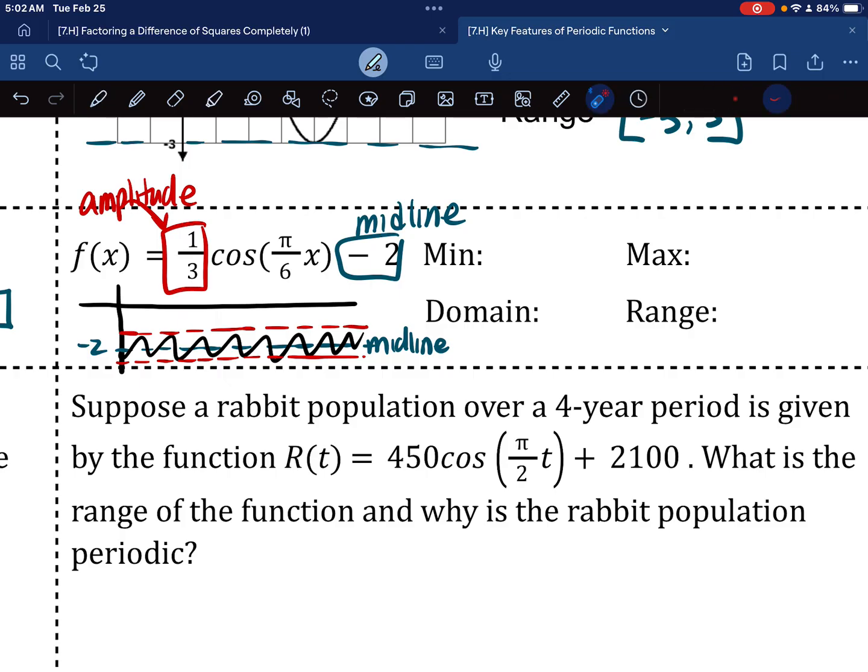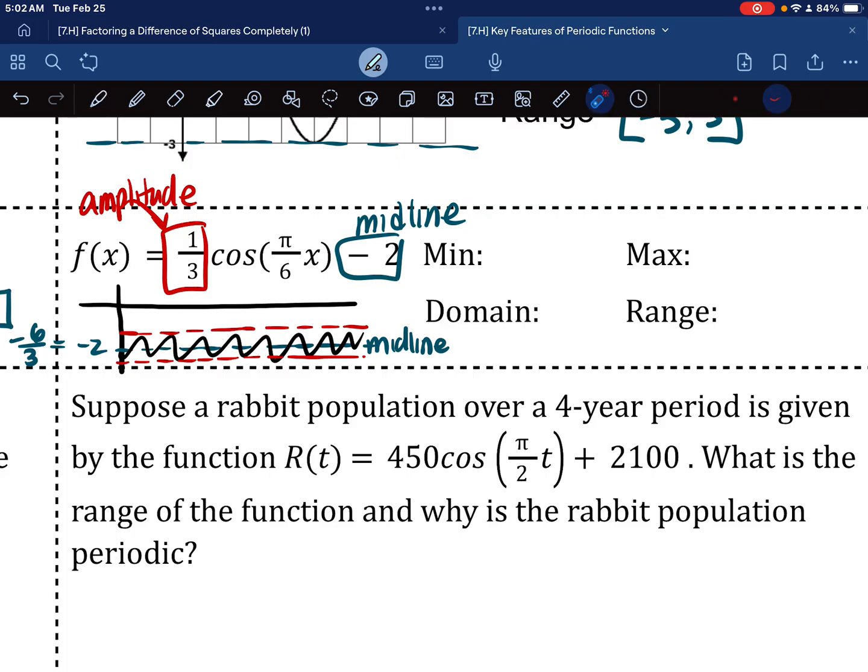Now, because this is talking about thirds, I want to talk about this as thirds. Okay, because that'll make it easier to add my fractions. So if I want that in thirds, a number divided by 3 that'll equal -2 is 6. Okay, so I'm just going to call that midline -6/3.